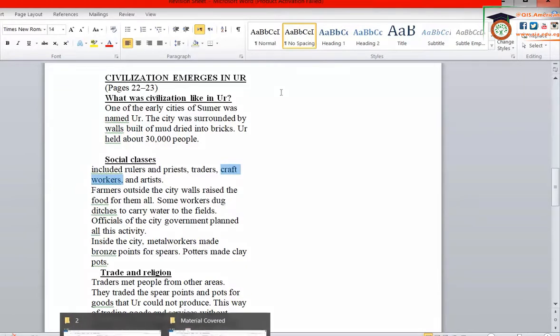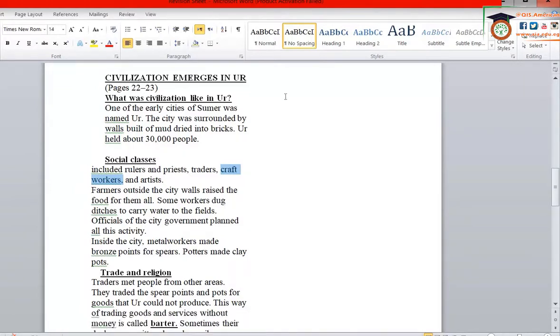The artisans, the craft workers, were using bronze to make tools and weapons. They are craft workers. And 5, the artists. So the social classes were divided into 5 classes.